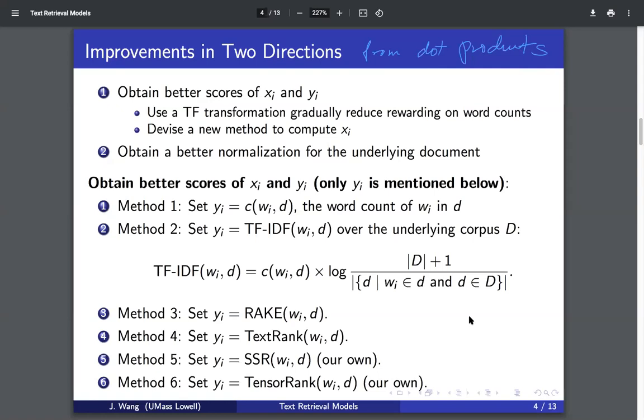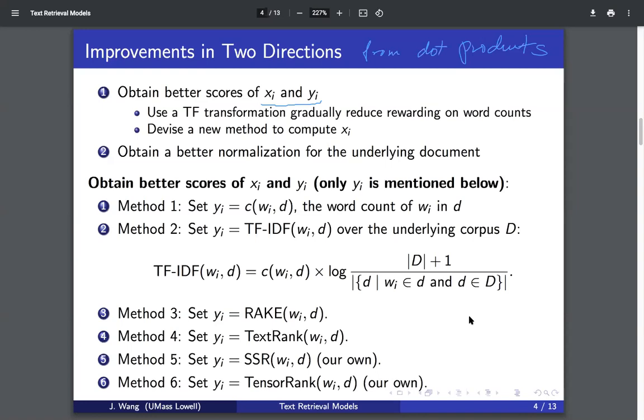One direction is to obtain better scoring of xi and yi depending on every kind of relation you can think of, such as semantic similarities of words, syntactic relations of words, or sometimes we call it co-occurrence of words. So that is one way to do it.